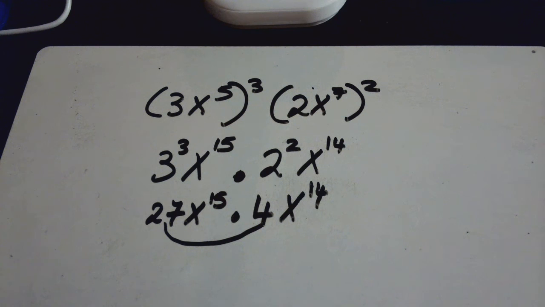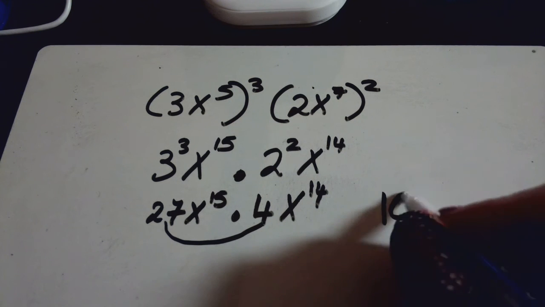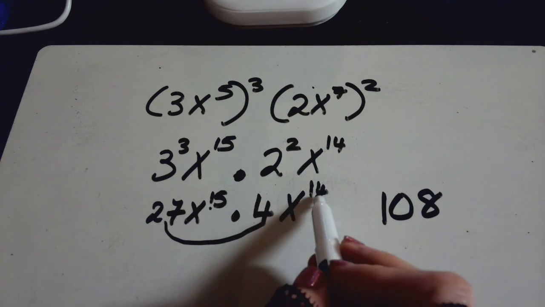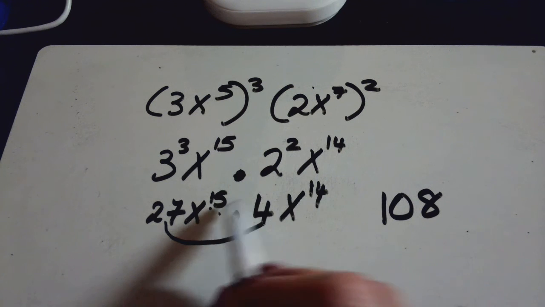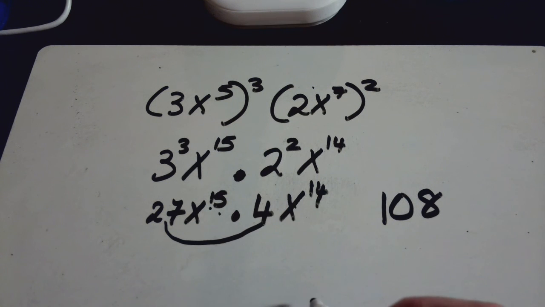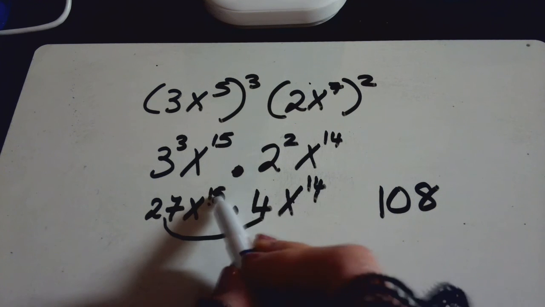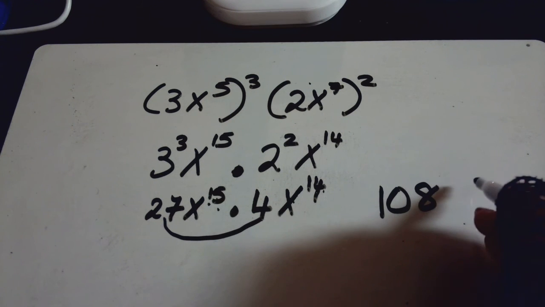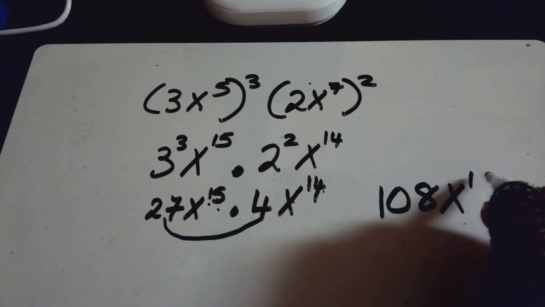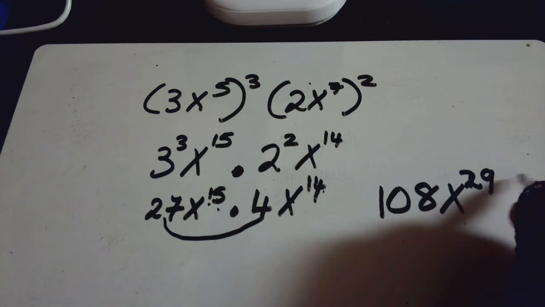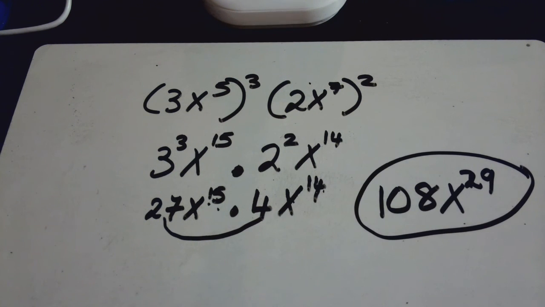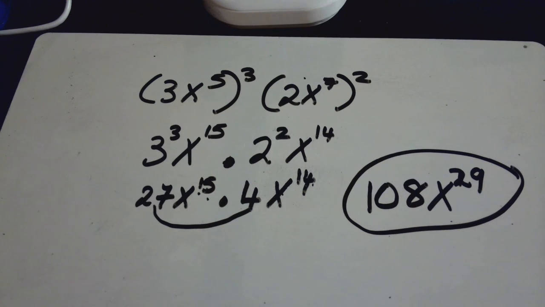So you'd go on your calculator, 27 times 4 is 108. And here, these are bases of x, so you just add the exponents. See how they're the same? 27 and 4 are just numbers, not the same bases here. So 15 plus 14 is x to the 29th. And there you go, you've simplified it, one bit at a time. It takes practice, okay?